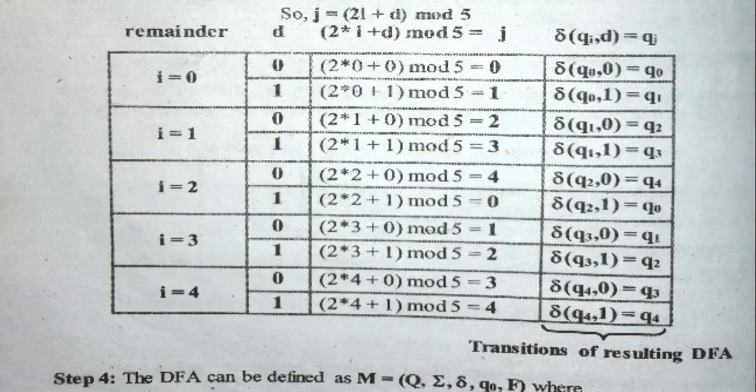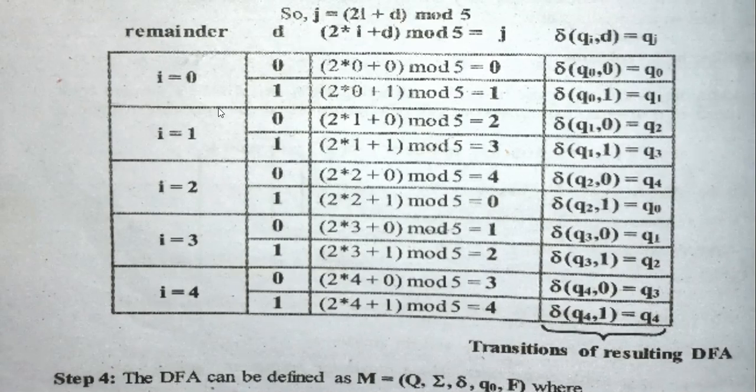We need to try it once for 0 and another time for 1. So we keep i and d as they are, and the rest are constants, 2 and 5, which we substitute directly. Or else, we can write it like this also: (2 into i plus d) mod 5 will be equal to j. We'll see now how it will be.